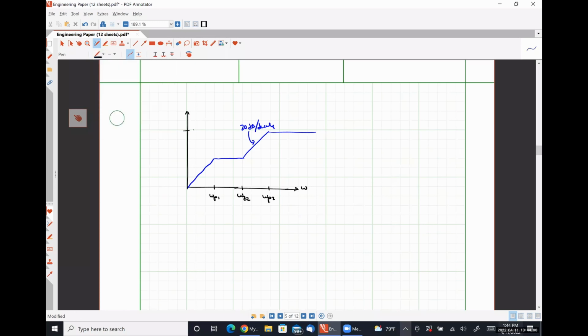And this height corresponds to GMRD. And this height right here corresponds to GMRD over 1 plus GMRS. So effectively, we have a region here.